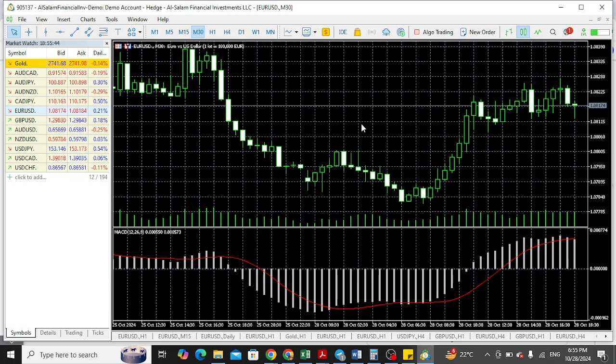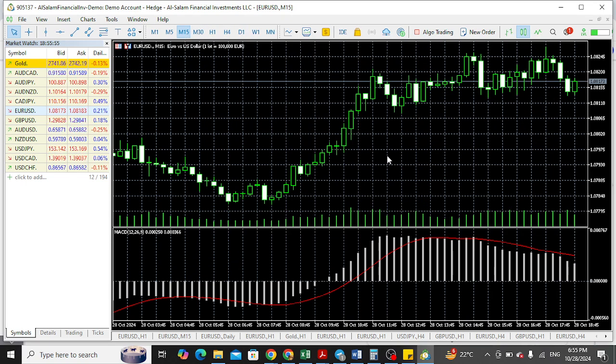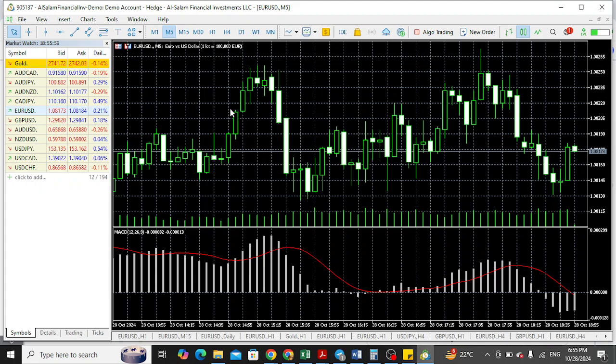Okay, now looking at the 30 minute, we are seeing that it has formulated and it might be going down. So we might see a downtrend here. Yeah, back down on the M5. Okay.